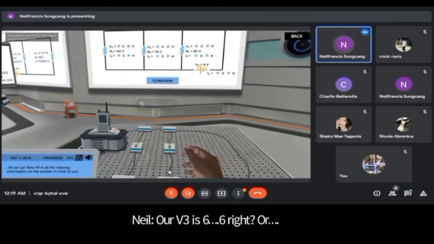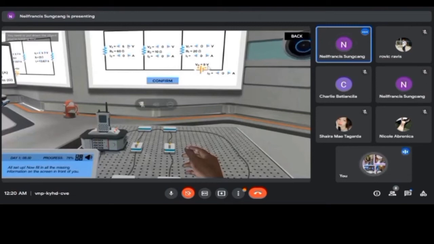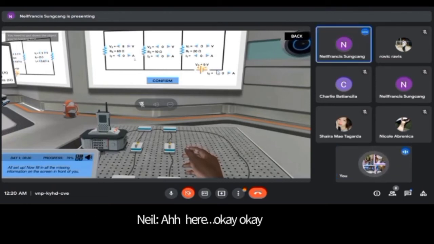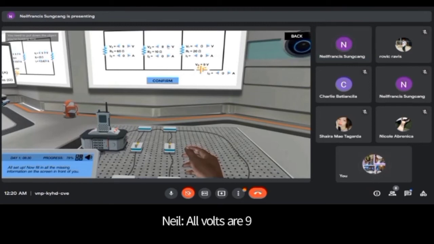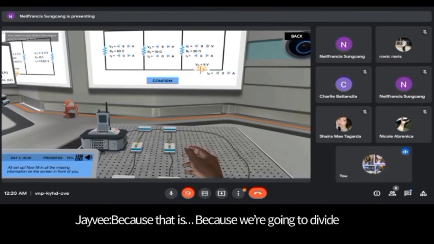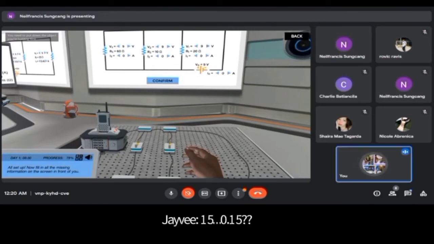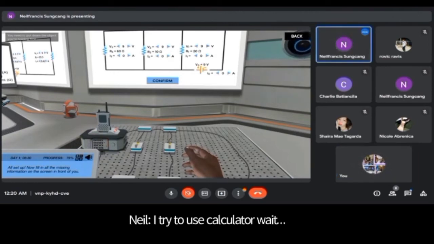Ang V3 natin, 6? 6 ba? Or 9 ata, kasi 9 volts eh. Ayun na yung V0. Okay, 9 lahat ng volts. Tapos i-divide. 9 divided by 60. 0.15. Try ko i-calculate lang.